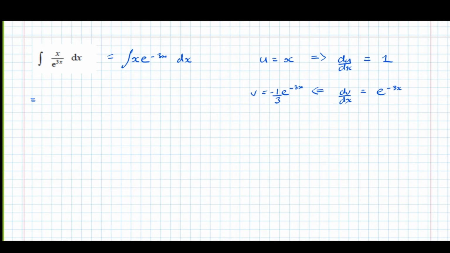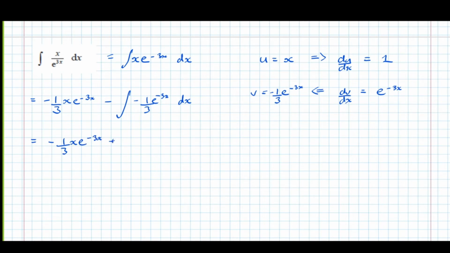So now we're ready to do the answer. uv, minus a third x e to the minus 3x, minus the integral of v du by dx, which is 1, so I'm not going to write it out, dx. Equals minus a third x e to the minus 3x.